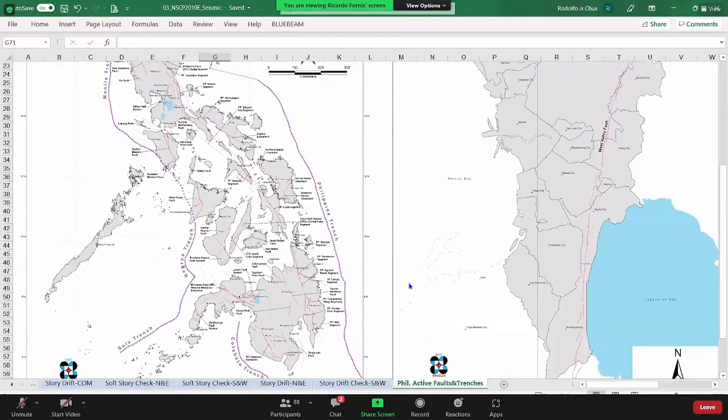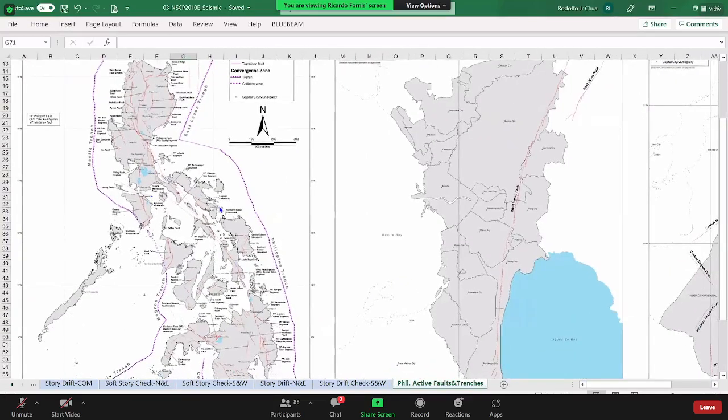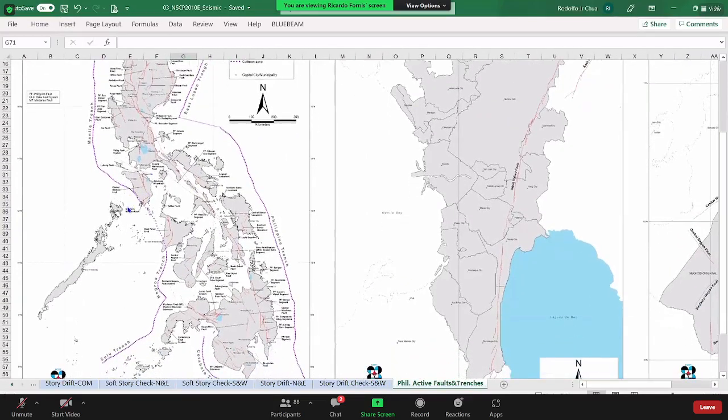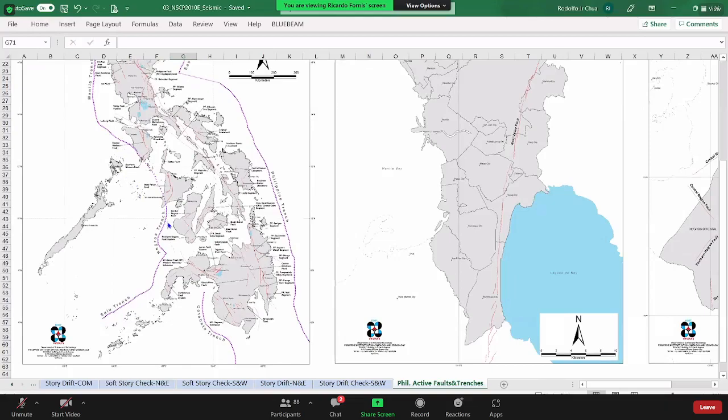I don't have the map, but if this is the Philippines, ang kaning western part, you have Palawan province or Palawan islands, group of islands, and then kaning parts sa Zamboanga here sa Mindanao, western part sa Mindanao, and Tawi-Tawi, Basilan, Sulu Islands. These are considered or gimap ni sa ASEP or sa NSCP as 0.2G or zone 2.